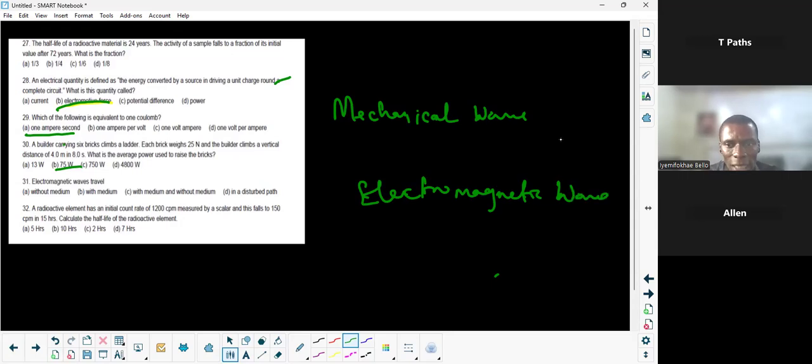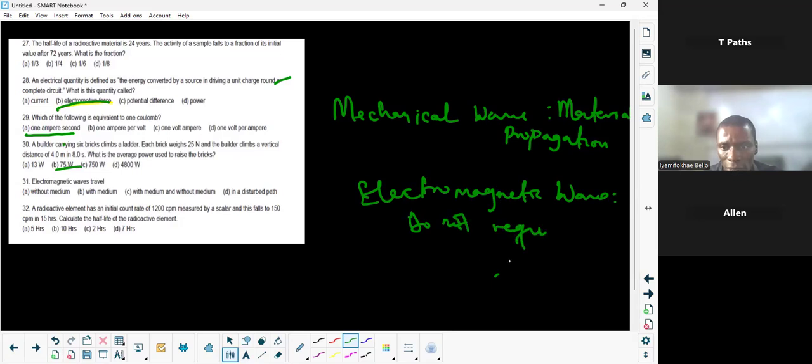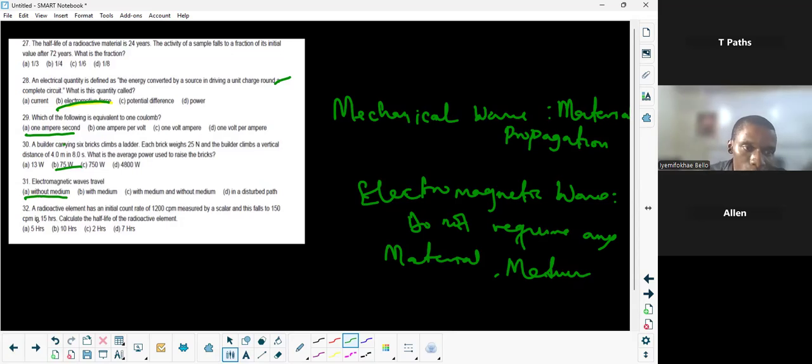Mechanical wave requires material medium for propagation, while electromagnetic wave does not require any material medium. So the correct answer is that electromagnetic wave travels without material medium. That is for question 31.